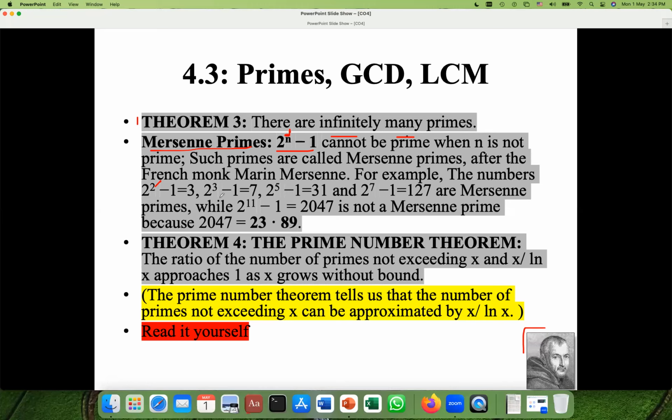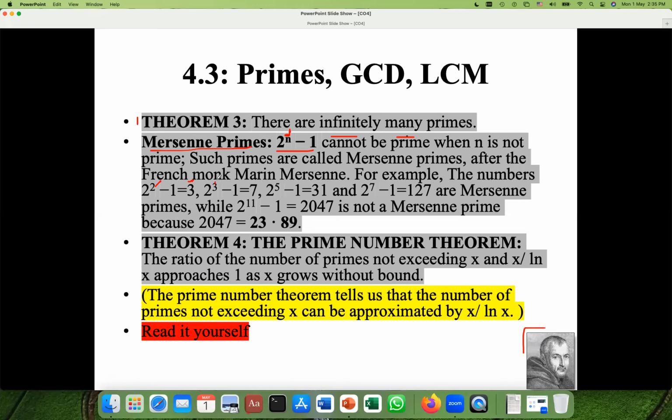Let's see some examples. So 2^2 minus 1. This 2 is a prime number. If you calculate it, 4 minus 1 is equal to 3. So this 3 is a prime, and this n is a prime also. So up to this point, this is okay. This Mersenne is saying the right thing. Then 2^3 minus 1.